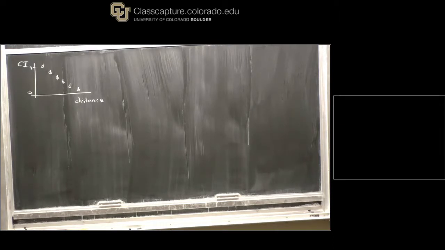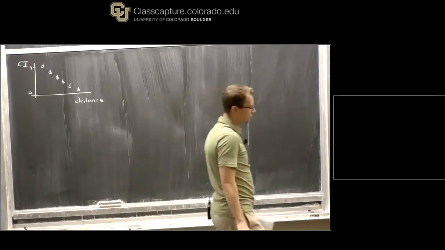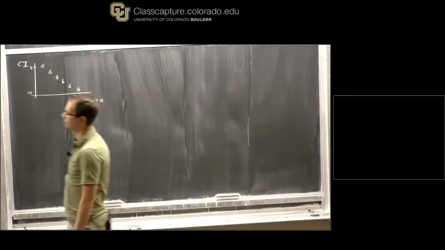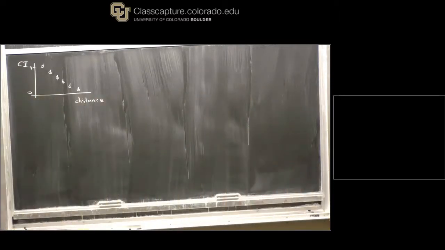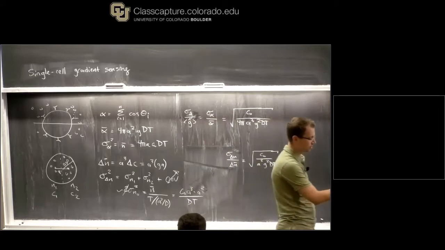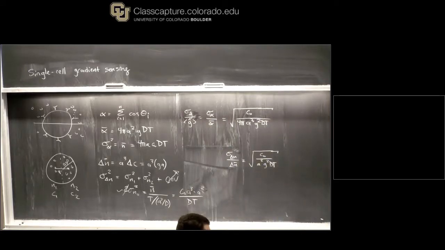So I've been following this paper by Anderson-Wingreen, and one of the things they did is translate this expression for the relative error in the estimate of the gradient to the chemotactic index, right? Because depending on how well you can determine the direction you want to go, you're going to have some error in the angle that you make as you migrate, and that directly translates into the chemotactic index.